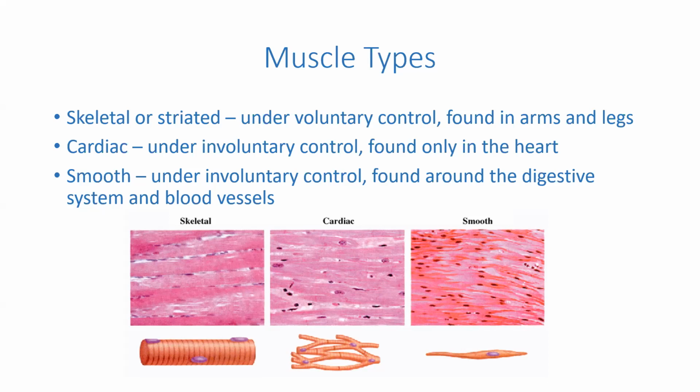Cardiac muscle, involuntary control. And the heart functions like one great big giant muscle cell. Totally different than any other muscle does. Smooth muscle is also under involuntary control. It doesn't look anything like the first two. It's shaped like a spindle and doesn't have any striations at all, no stripes.